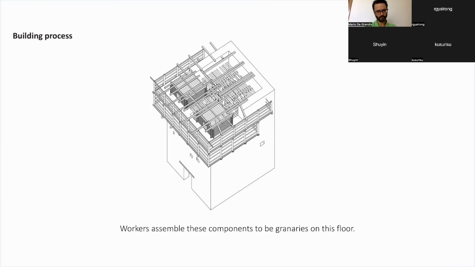And after they finish these log granaries on the ground floor, they will take them apart, transfer the pieces of the log granaries up to the top of the buildings, and then assemble these components again to be granaries on the upper story.